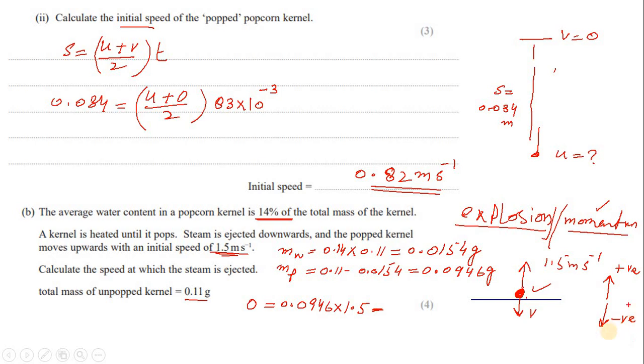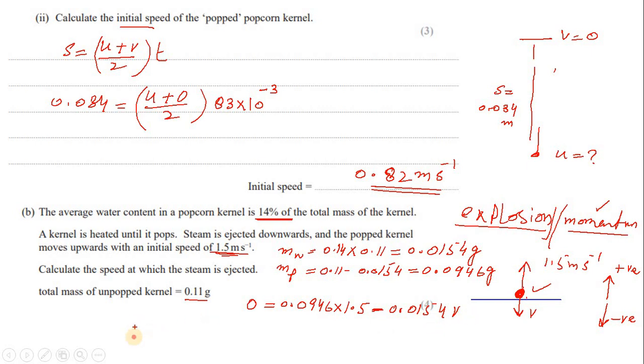Why minus? Because it is moving in the opposite direction. So minus momentum of the steam, which is mass of the steam, 0.0154, times its velocity. And now clearly you can rearrange this equation to figure out the value of v.